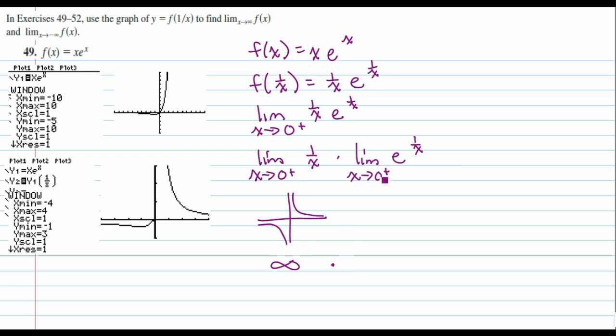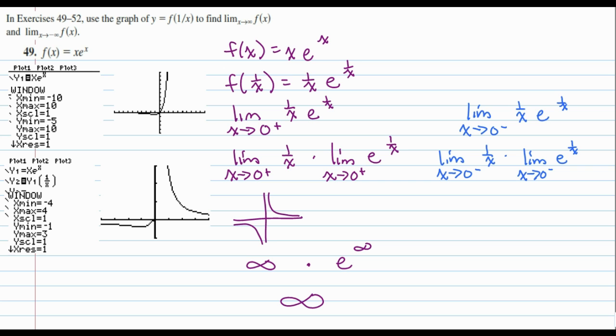Now the limit as x approaches 0 from the right of e to the 1 over x, well, we just said that 1 over x as we approach 0 from the right would be infinity, so it's kind of like e to the infinity. So the limit as x approaches 0 from the right is positive infinity. And I can see that here. Here's my f of 1 over x. As I come in towards 0 from the right, my y values go up to positive infinity.